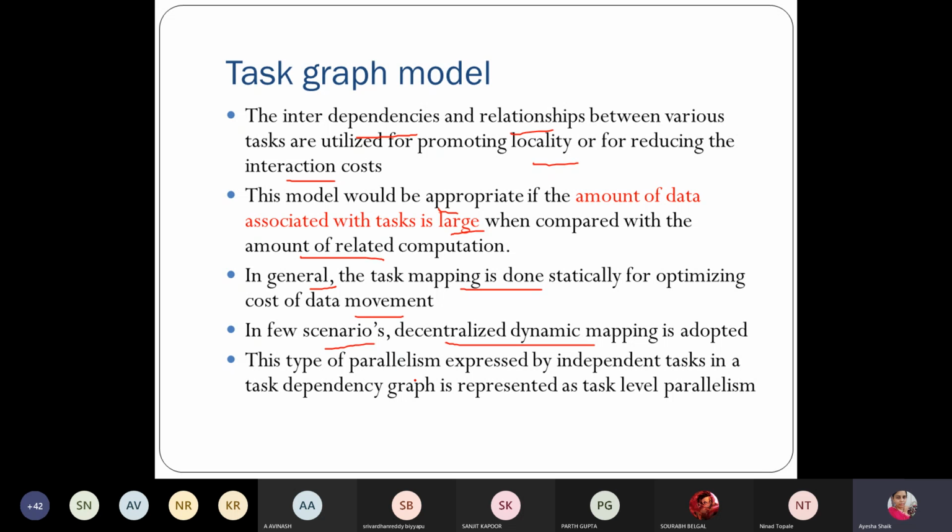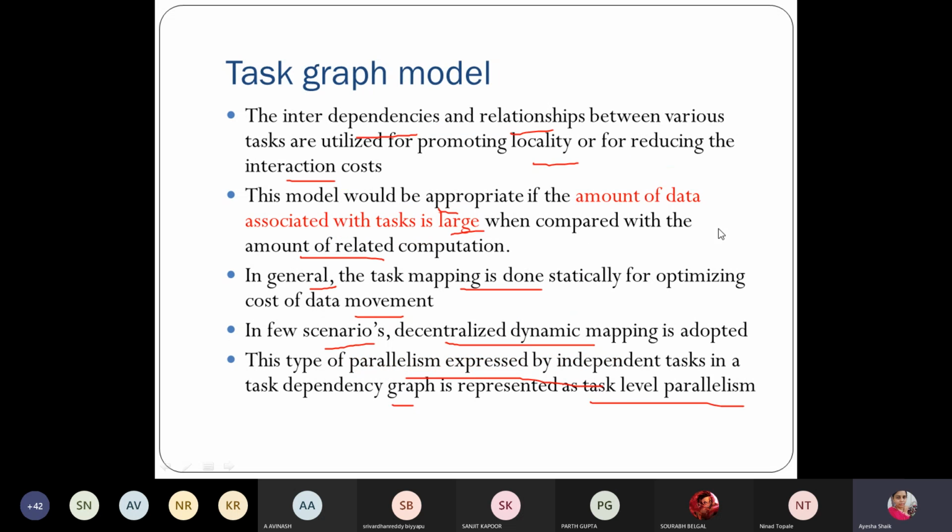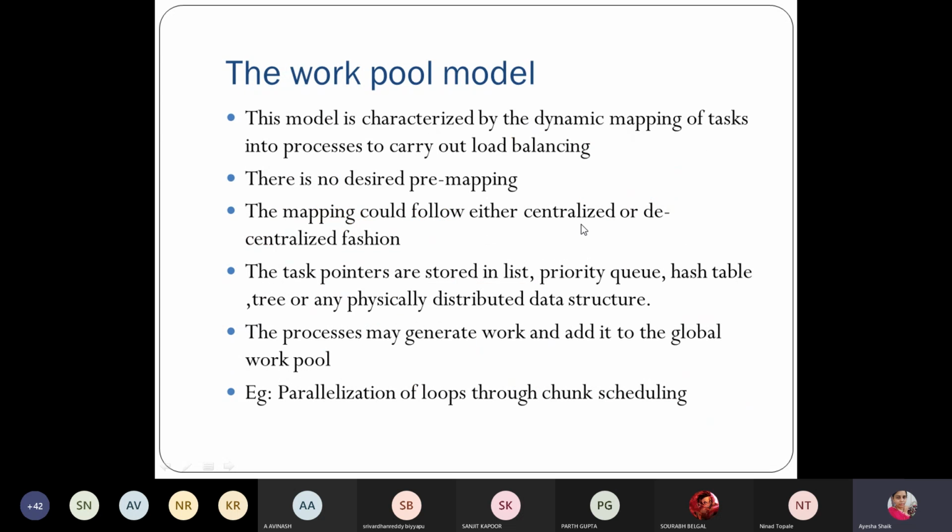This type of parallelism is expressed by independent tasks in a task dependency graph. It is represented as task level parallelism. Here it is represented as data parallelism, and here in the task graph model, it is represented as task level parallelism by using the task dependency graph.